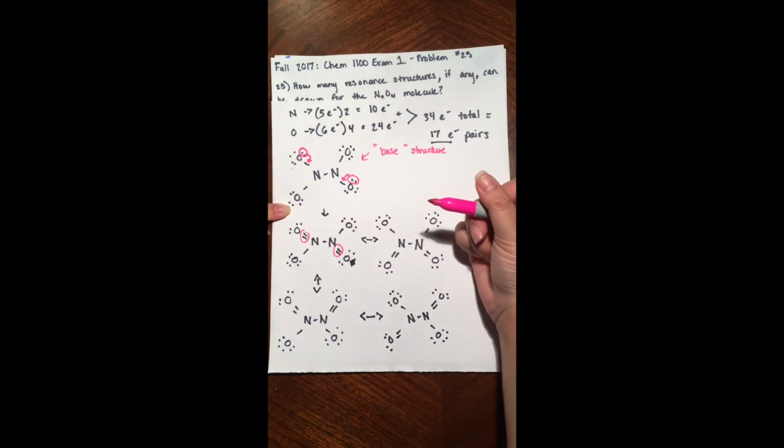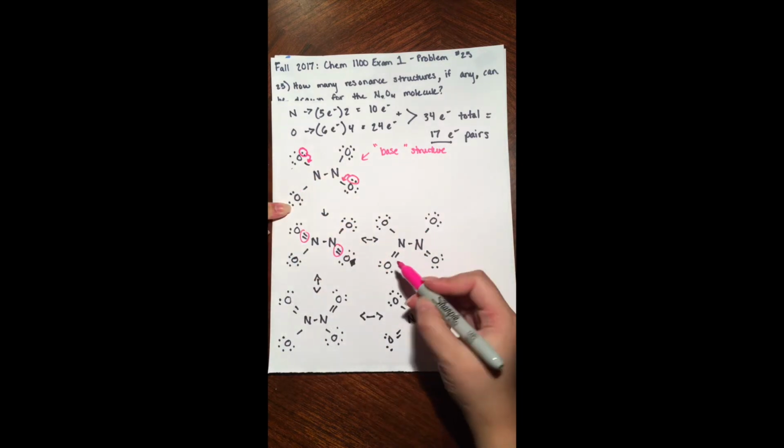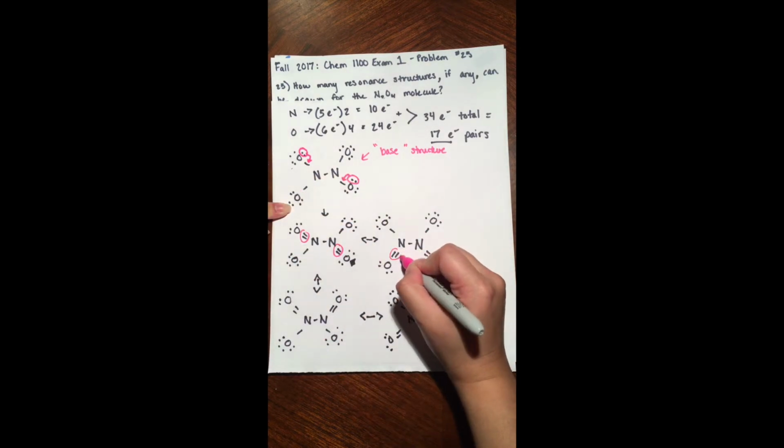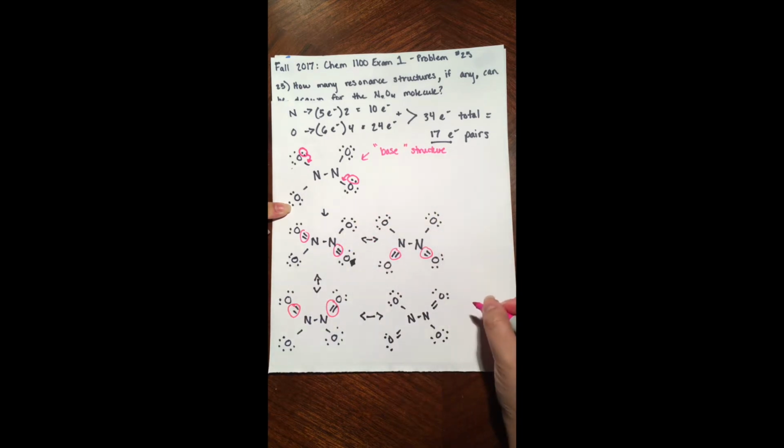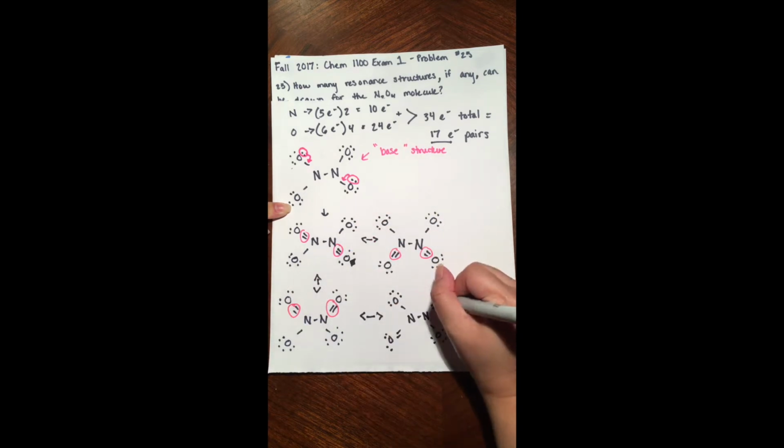When they're in this diagonal, they can be in the same plane, in the same direction here. They can also be at the upper oxygens, and they can also be in this diagonal this way.